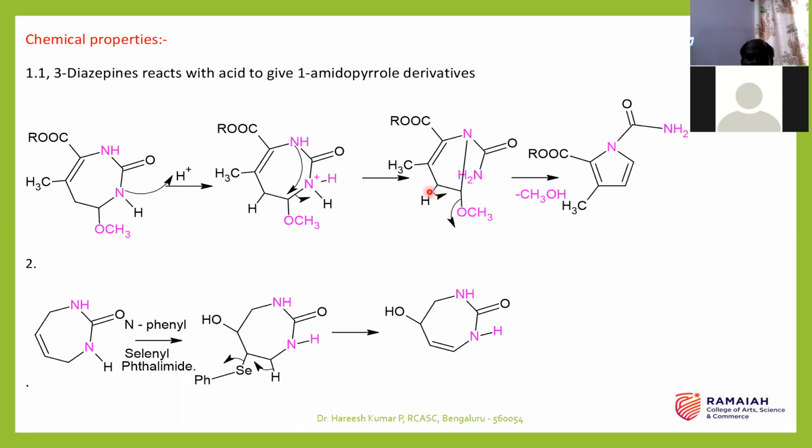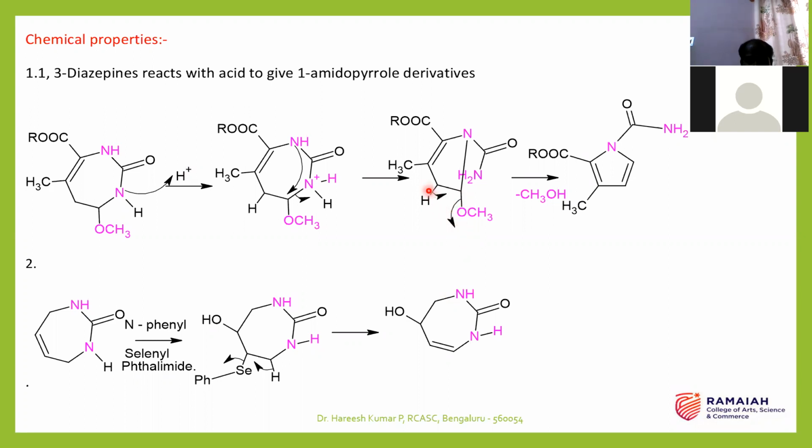How will it be removed? The lone pair present on the oxygen can abstract one more proton, more particularly this allylic hydrogen, and form an oxonium ion. Once there is a formation of a carbocation on this oxygen, this bond tries to move towards it.